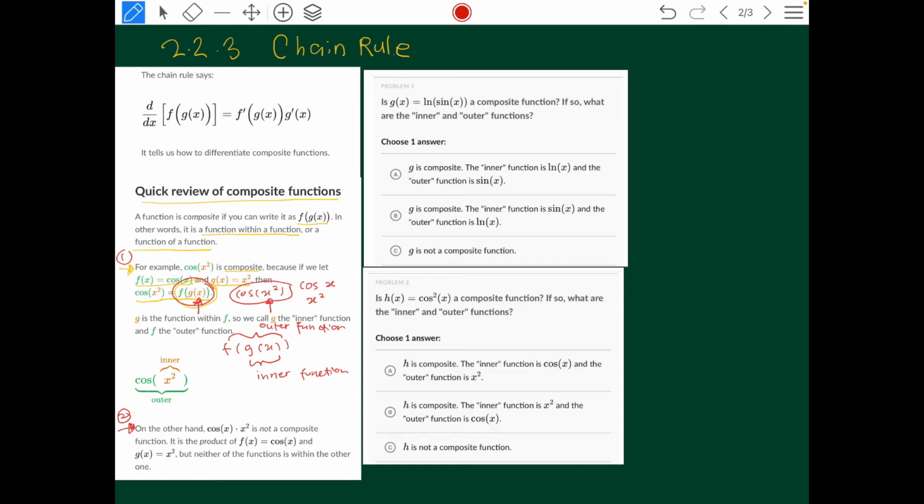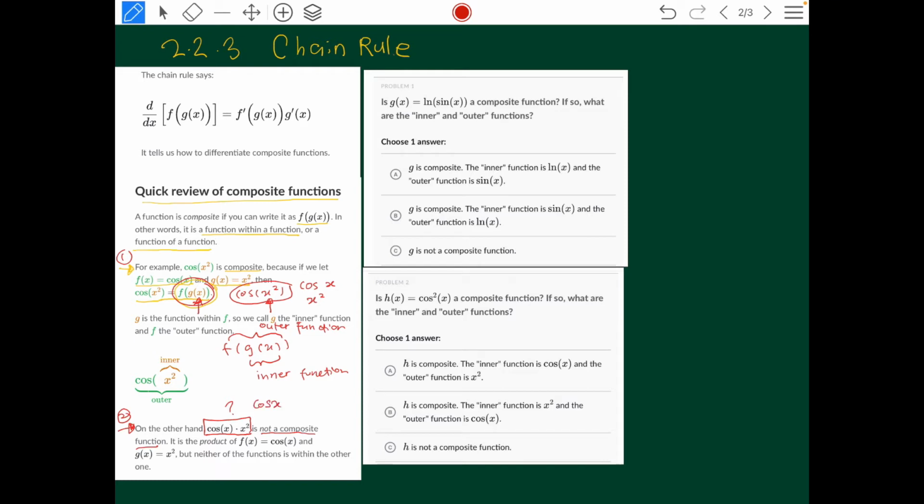For example number 2, if we have cos x times x squared, is this a composite function? Do you think this is a composite function? No, it is not a composite function.